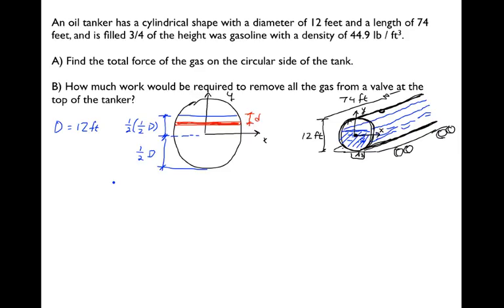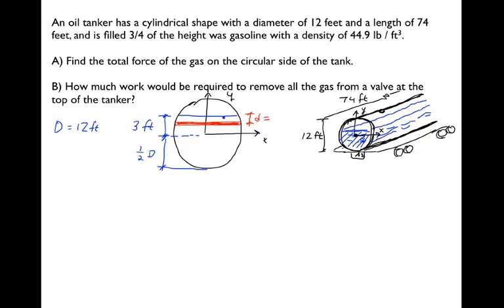Okay, with this frame of reference, did you get what the depth is? He said 3 minus y. Agree with that? You should have found this distance from the halfway point up to the surface of the gas. That's a quarter of the diameter, so that's 3. It's 3 feet from y equals 0 up to the top level of the gas, 1/4 of the diameter.